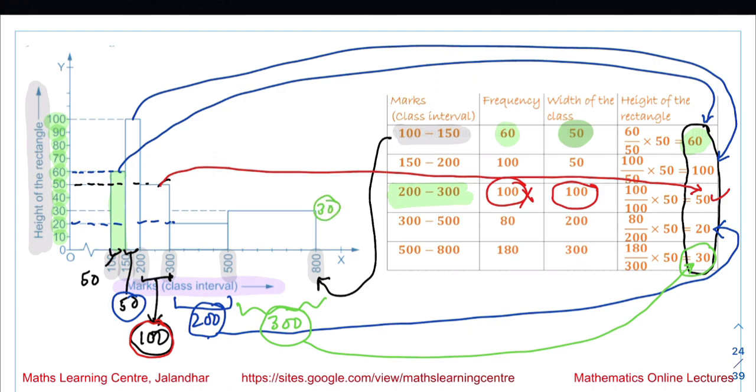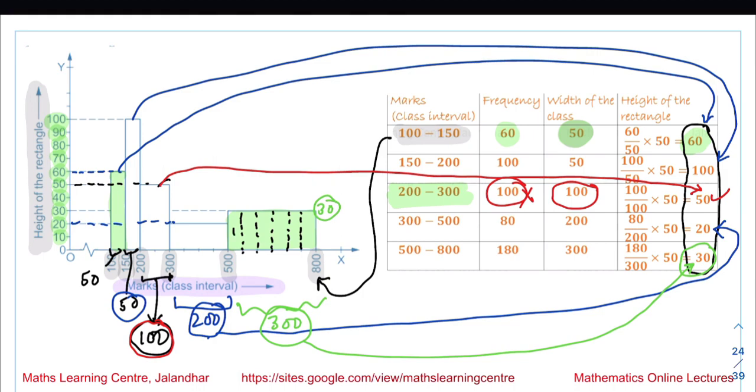If we look at this rectangle over here, what we mean to say is we are considering it like this: from 500 to 550, 550 to 600, 600 to 650, 650 to 700, 700 to 750, 750 to 800.